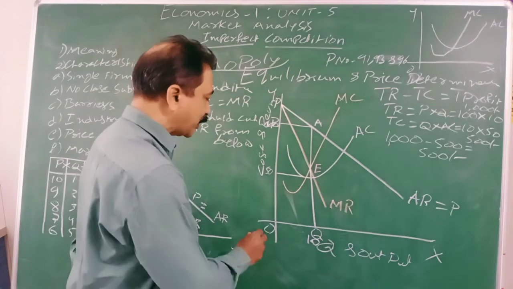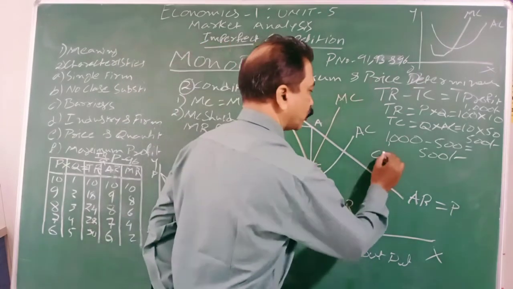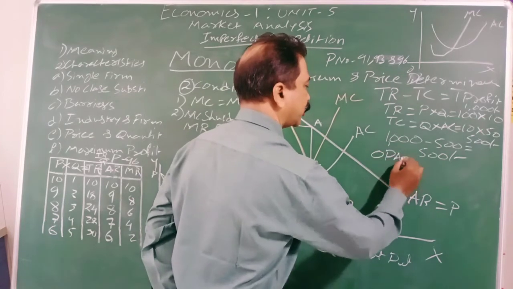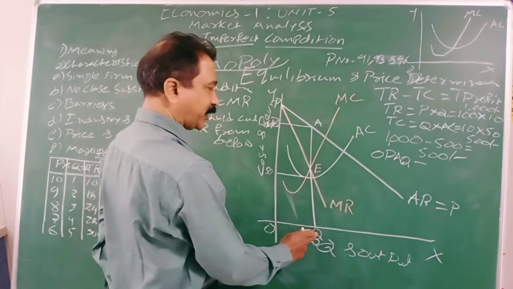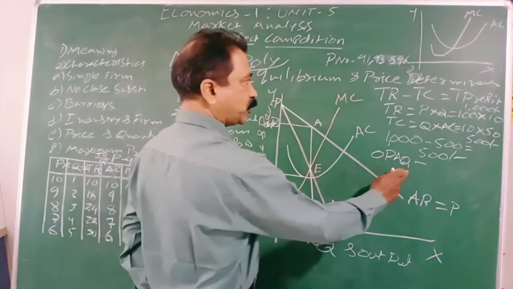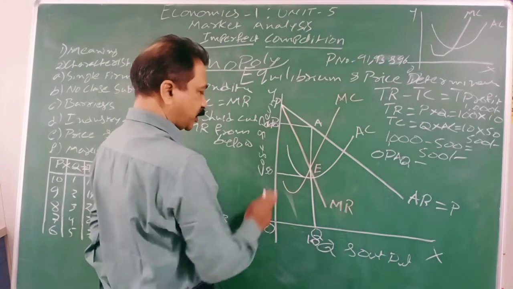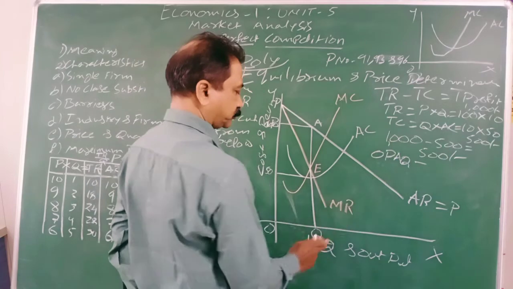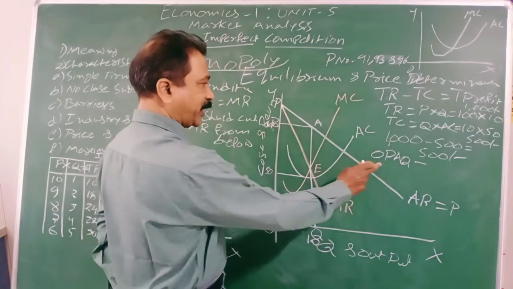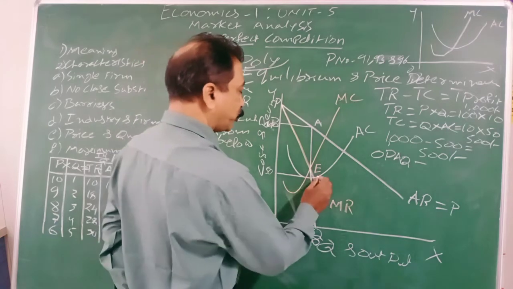That can be shown another way. OPAQ minus total revenue. OPAQ means total revenue, price into quantity, that is 1000. What is the total cost? We have to put the names.